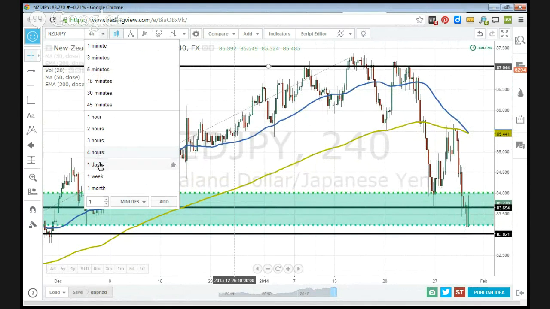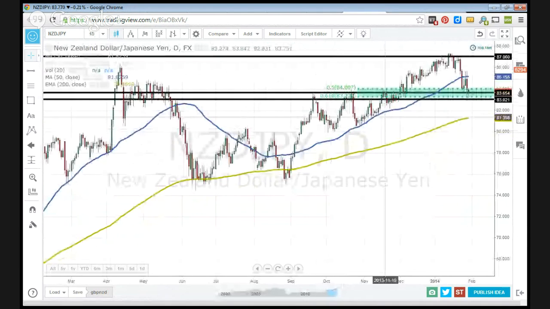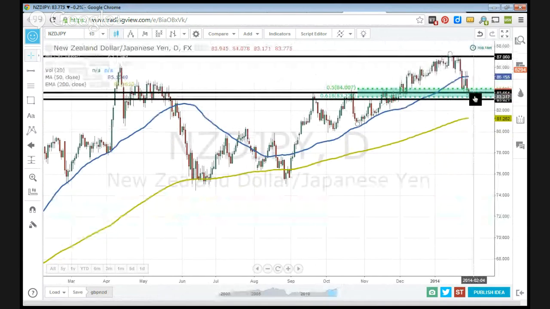On the daily chart, let's go back to that. Here we see, okay. Now let's compare this to, one could argue it is a hammer off support.